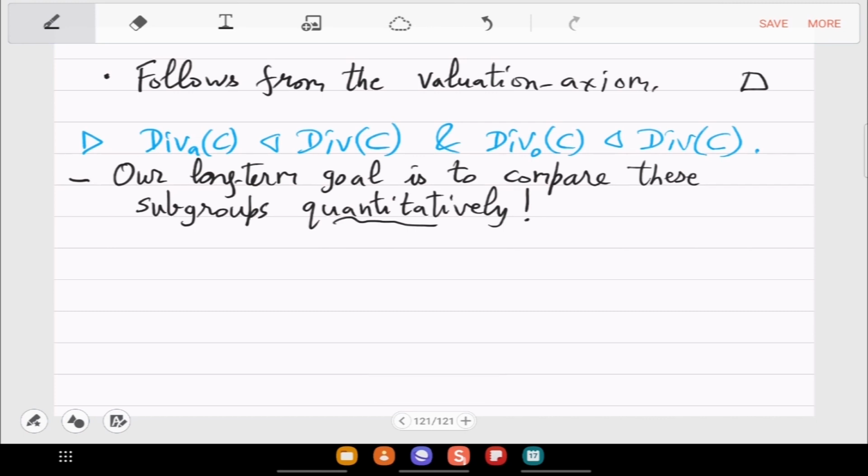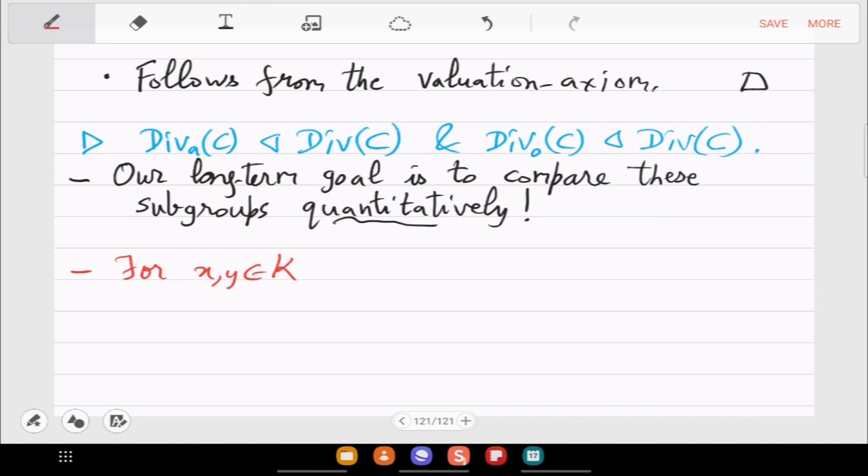If it is contained, how much smaller can it be, and so on. What is the geometric interpretation of that? So to do that study we have to define a few more things. So let's move in that direction.